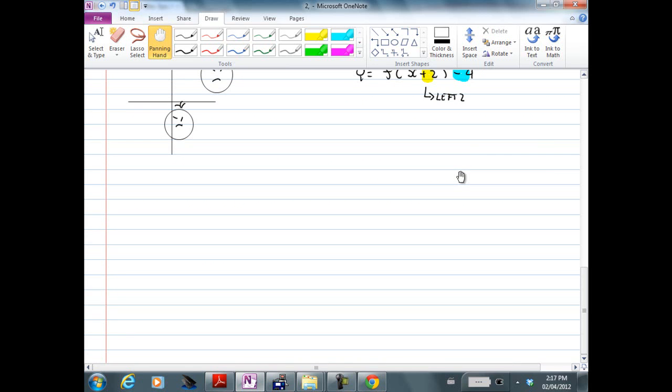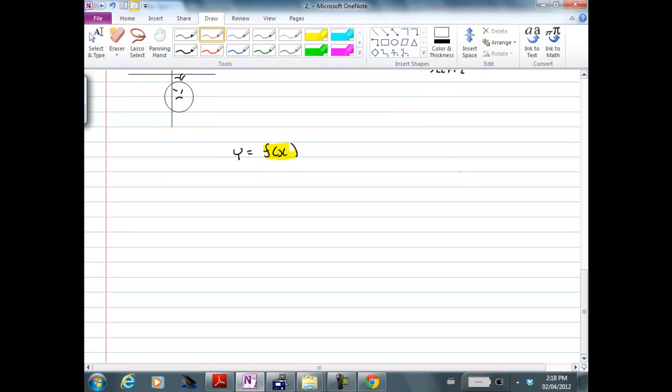What if I give you this one? Y equals f of x. Now, a lot of people are saying, Mr. Snow, what the heck is f of x? If you don't like to use f of x, you can use y equals f of u if you want. It makes no difference to me.